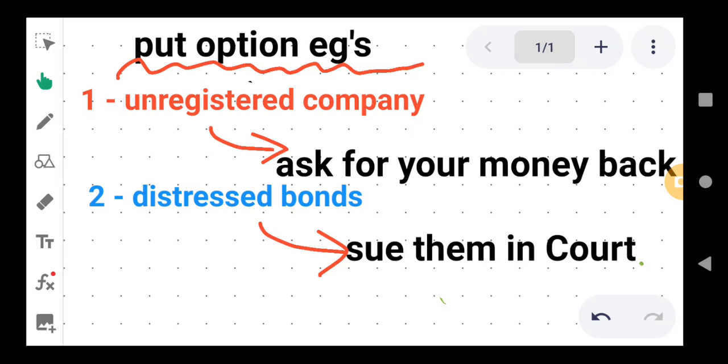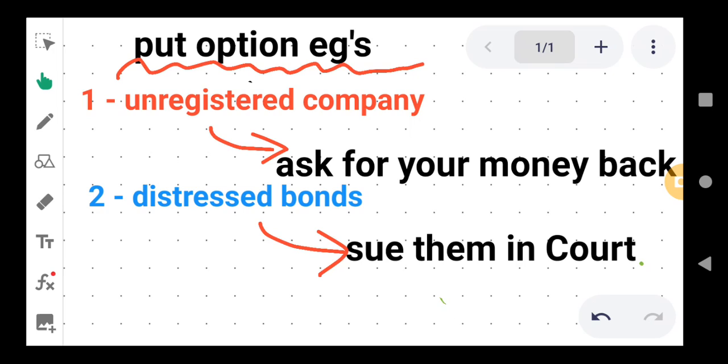Then of course, their senior 10-year secured bond is going to recover from the original 50 cents in the dollar. It might recover back to, say, 80 or 90 or even 95 cents in the dollar. And so that means your original investment has almost doubled, because you originally invested only 50 cents, and now it's trading at 90 or 95 cents in the dollar.